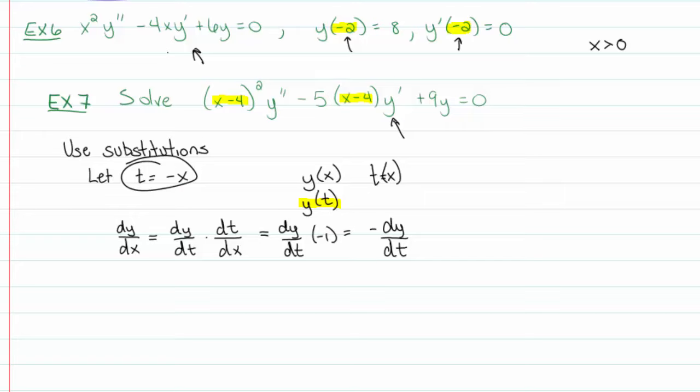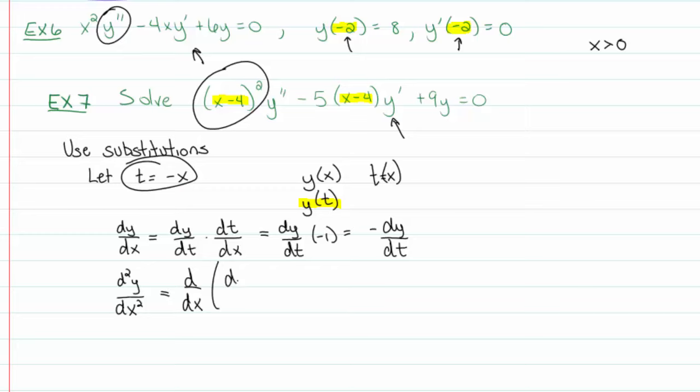So you go ahead and take the second derivative, which we're going to need because of these guys right here. It's going to be d squared y dx squared, and that's the same thing as saying the derivative with respect to x of the derivative of y with respect to x.